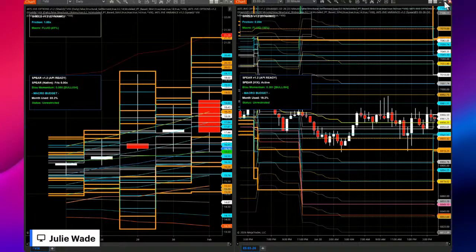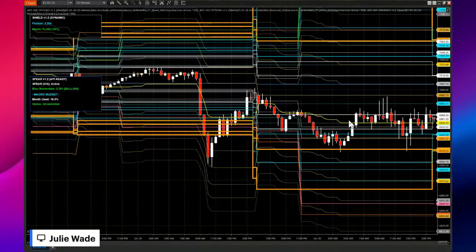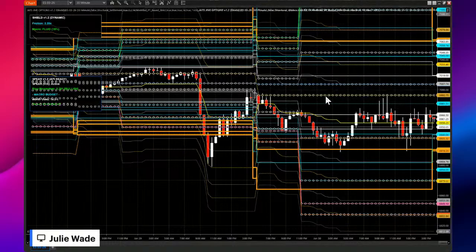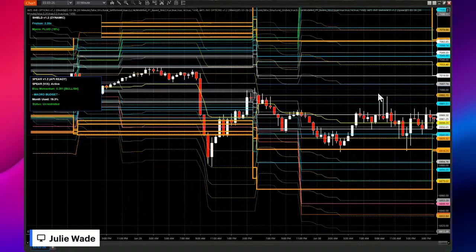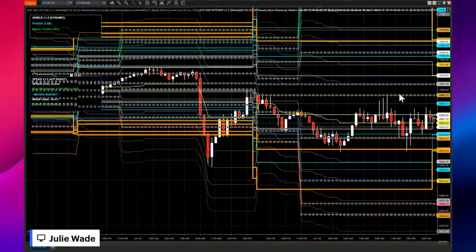All right, so here you can see on the 1 period, the yellow line is the isomorphic VIX range, and this upper line here is the structural one.